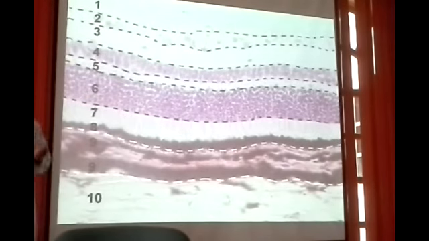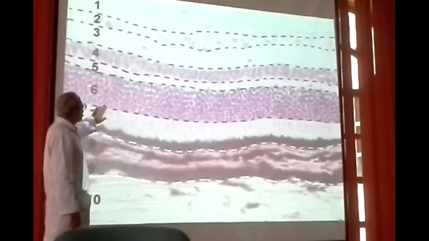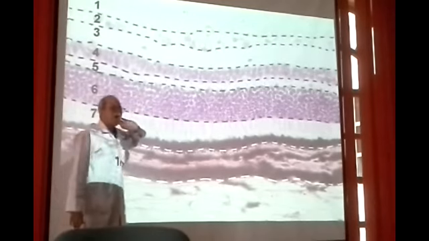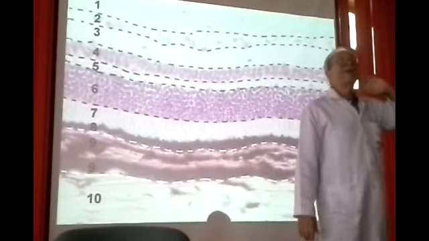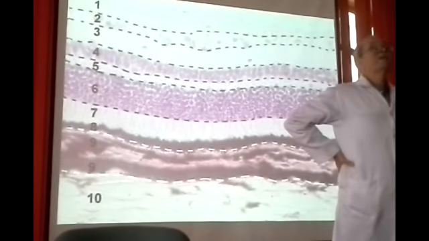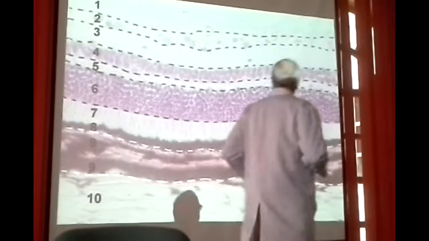Okay. This is the area of rods and cones. This is the area of the outer limiting membrane. This is the area of the outer nuclear layer. What does the outer nuclear layer contain? Cell bodies and the nuclei of rods and cones.